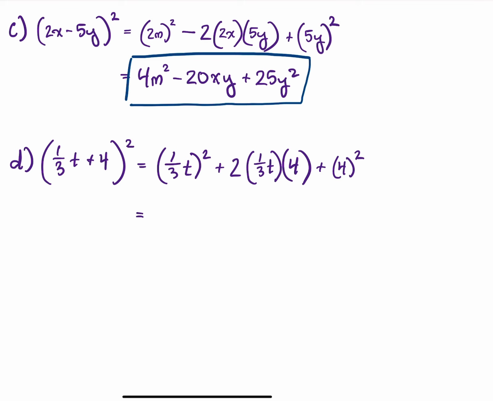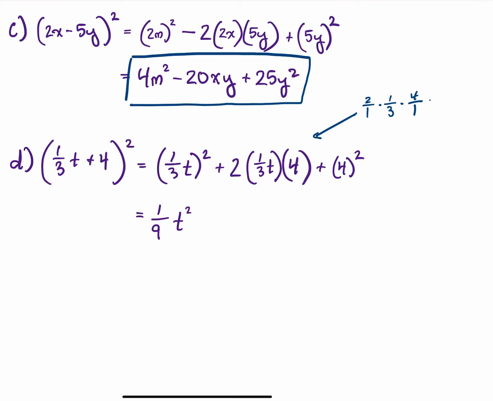So 1/3 times 1/3 should give us 1/9, and t times t gives us t squared. Here we have 2 times 1/3 times 4. So just imagine these are all fractions. We can say like 2/1 times 1/3 times 4/1.